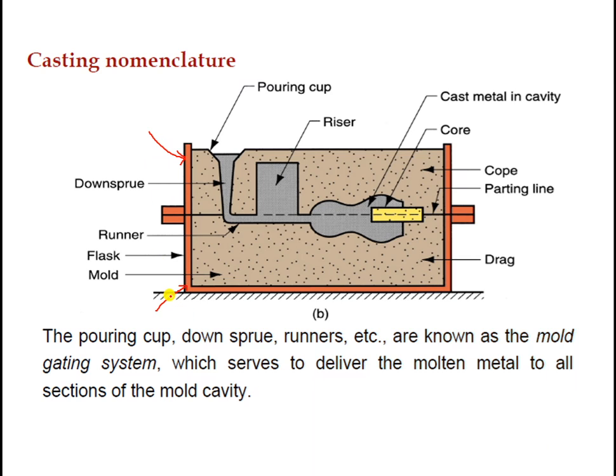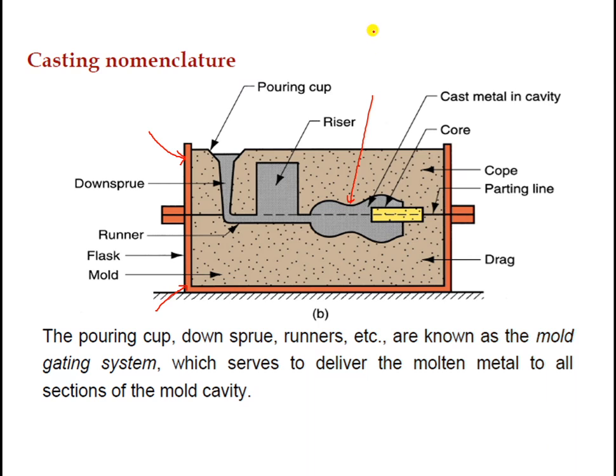That is the portion of the upper casting flask and lower casting flask. And this is the parting line available here. What you are observing here is the mold cavity.